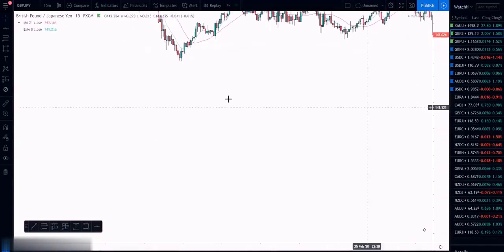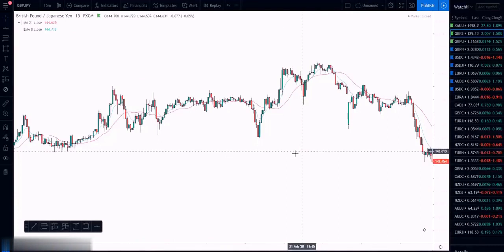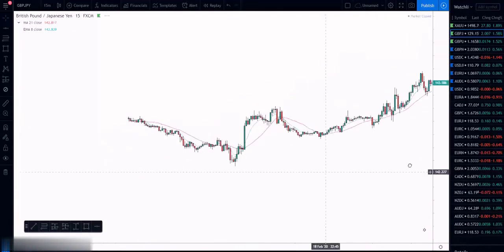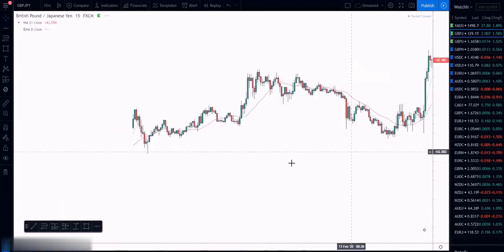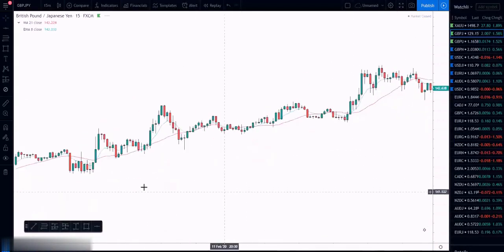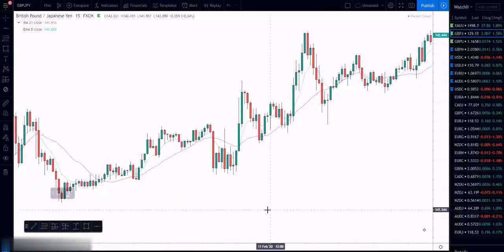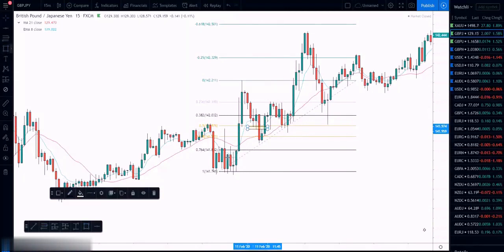If you guys backtest the hell out of this, you're going to get so familiar with what these setups look like. It's going to be ridiculous for you. Let's go take a look. Market structure being broken to the upside. We would have had our first set of rejections there.